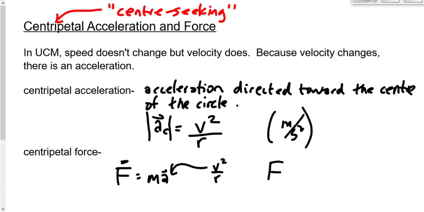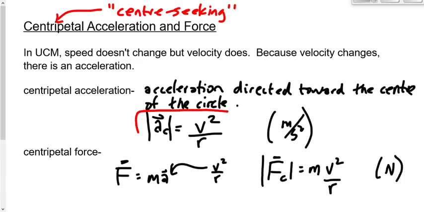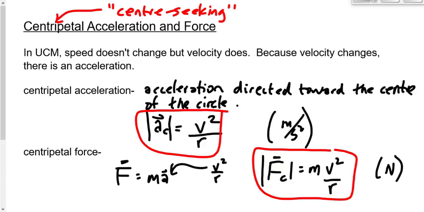Well, then centripetal force is equal to m times a, or m times v squared over r. The units for that, of course, would be newtons. Both of these appear on our data sheet. Both of these are vectors, but in both cases, the equation won't tell us the direction. That's okay. We know the direction in both cases is directed toward the center of the circle.